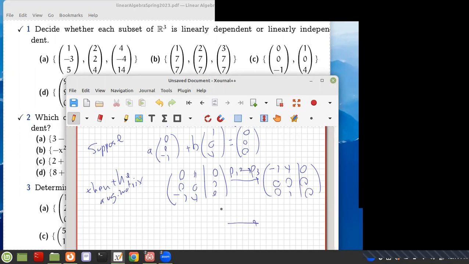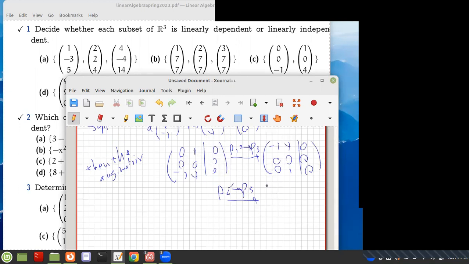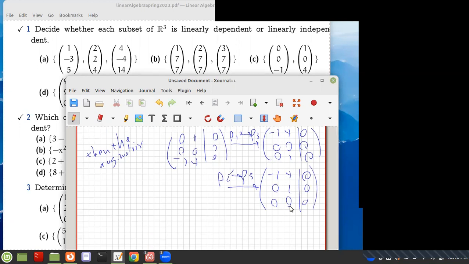Then we'll do one more, row 2 swapped with row 3. Formally you could drop the 0 rows, but you don't want to drop them because we don't change the size of the matrices. Okay, so there's an echelon form.